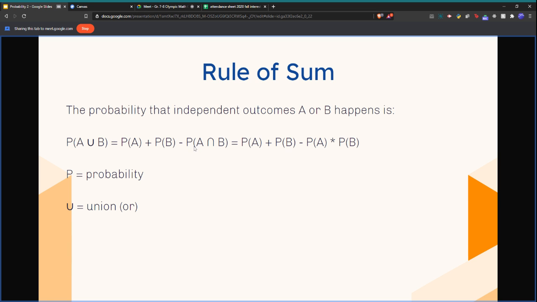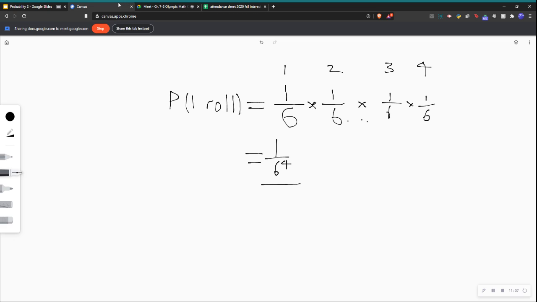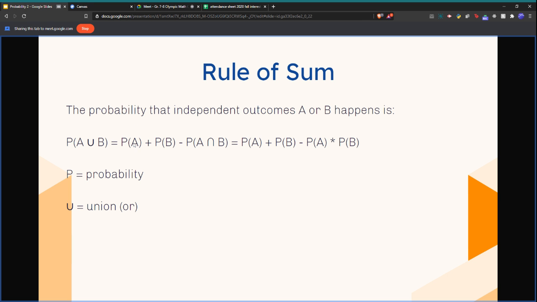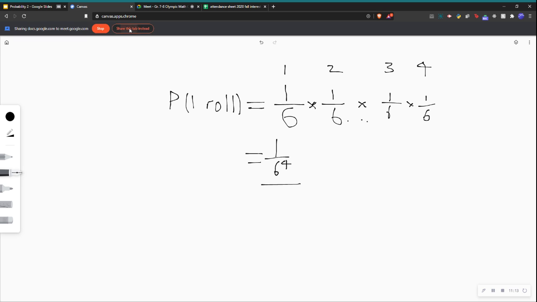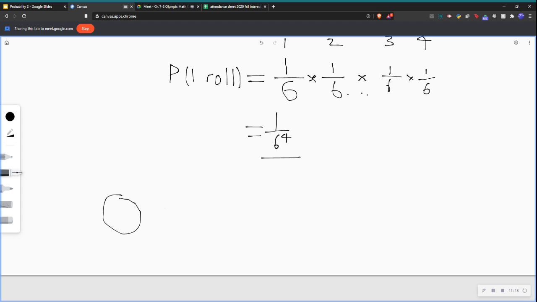And if you're wondering why we have to subtract the probability of A and B, it's because we actually counted it twice when we found the probability of A and the probability of B. So we could use a Venn diagram to show this as well. I'm going to draw one right here.